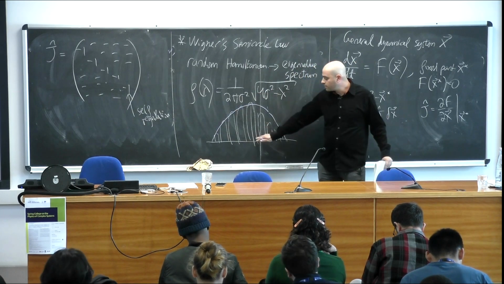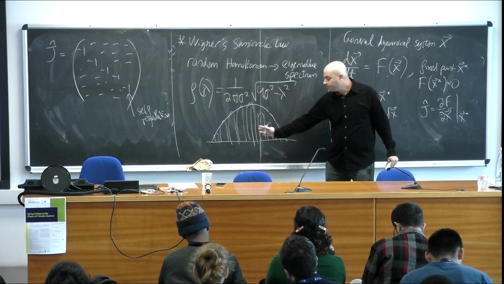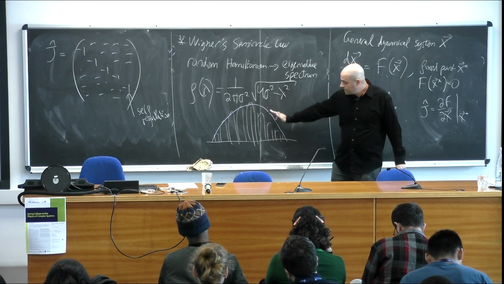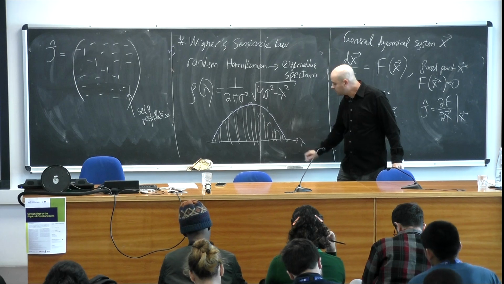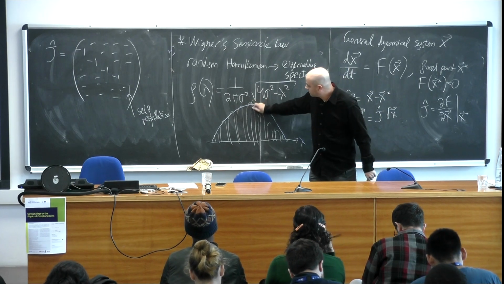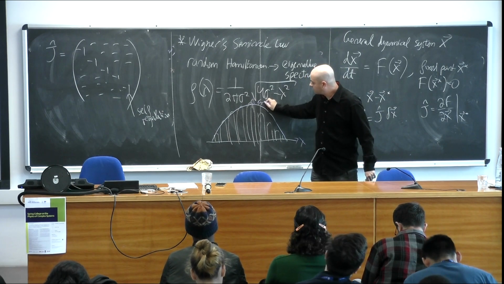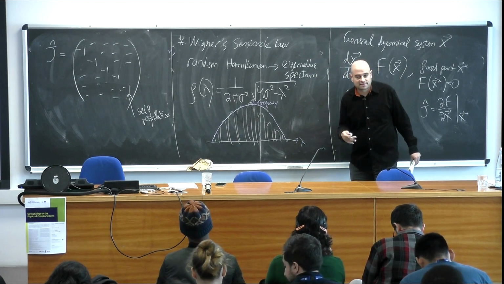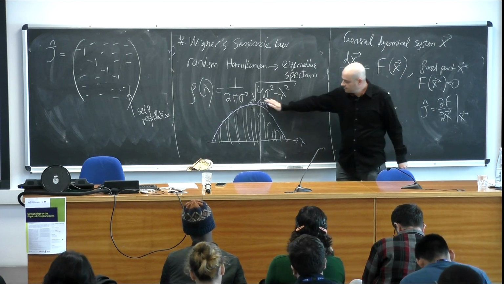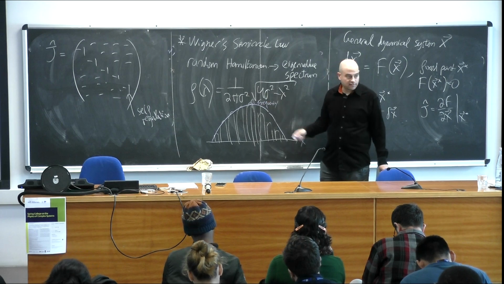So you have the most eigenvalues about 0, and then the number of eigenvalues decays. This is lambda, the eigenvalue, and this is the frequency, in the sense of how many times that eigenvalue appears. And it obeys the semicircular law.